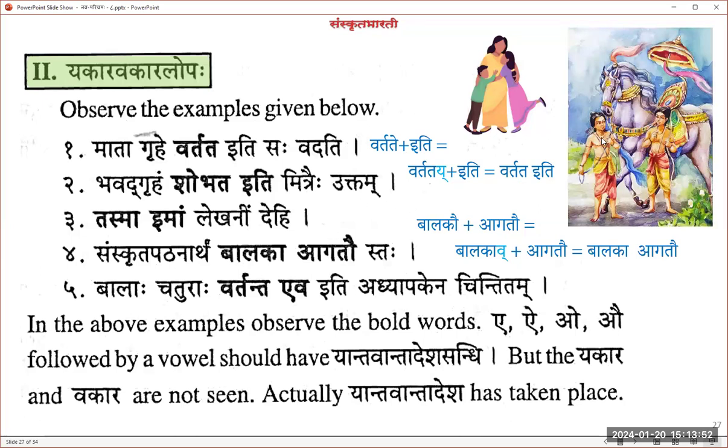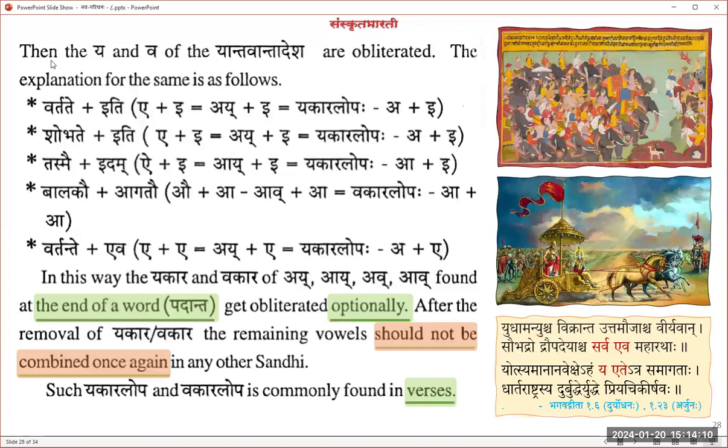Okay, what is this picture? Yeah, this is about balakaha agatau. Lavakushau agatau. Ramasya ashvam grihitam atra. Astu. Then after the yanta desha, vanta desha, the y, actually halanta y, and the v of yanta desha are obliterated.